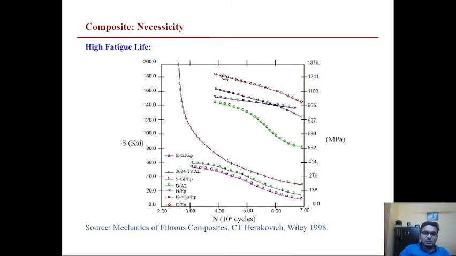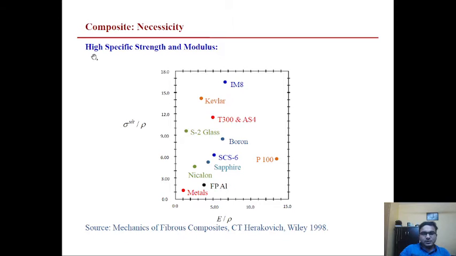These are a few graphs which justify why composites have high fatigue life. On the x-axis we have the number of cycles, and on the y-axis the fatigue life, and these are the different composites shown. The next graph is of high specific strength and modulus.